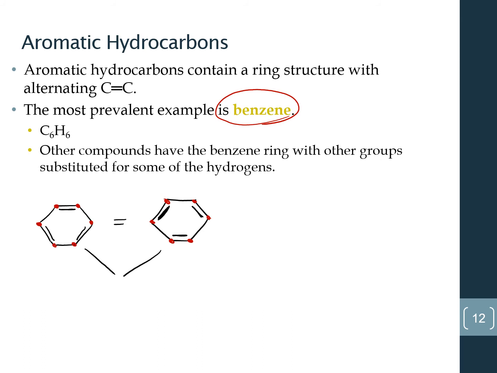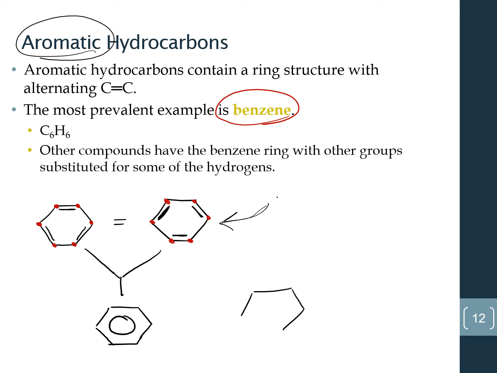Another way of representing those structures is like this, with a circle. All of them represent the same thing. Whenever you see a formula like that, that represents an aromatic compound. Sometimes you have substitutions in the formulas like this.